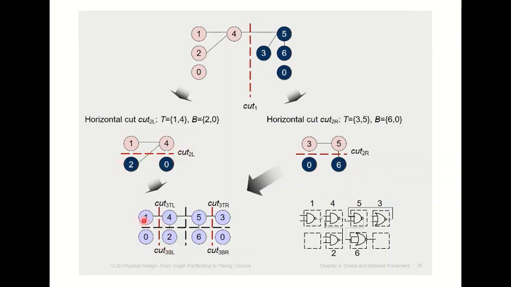So we split 1 and 4, 0 and 2. Here 3 and 5, and 6 and 0. So this is the final solution, and this is the actual placement corresponding to our original circuit.